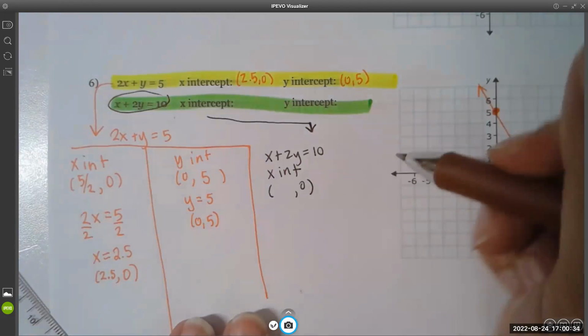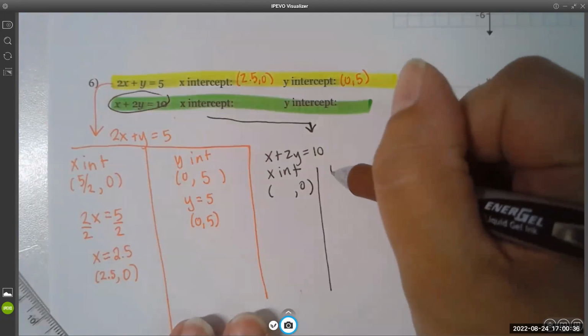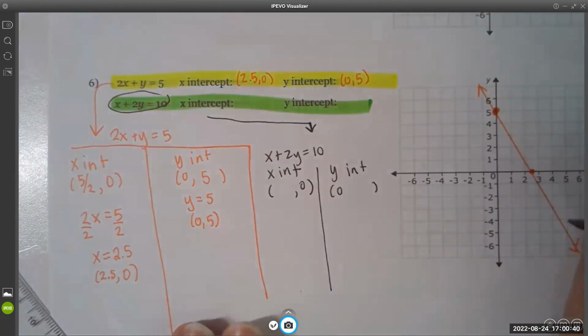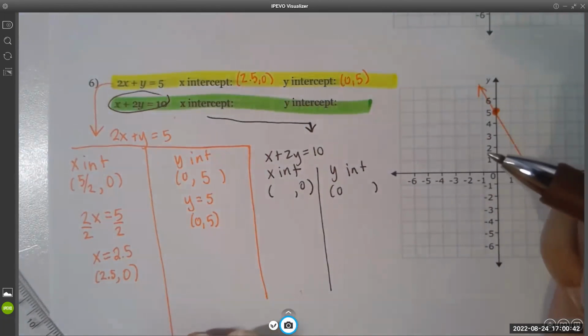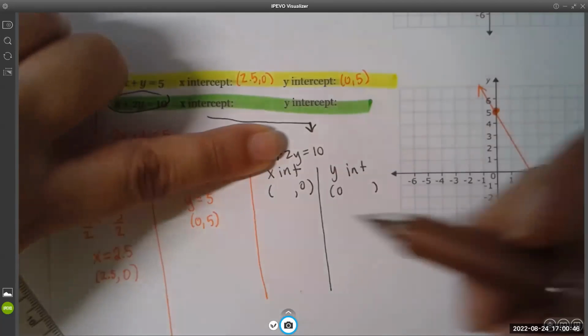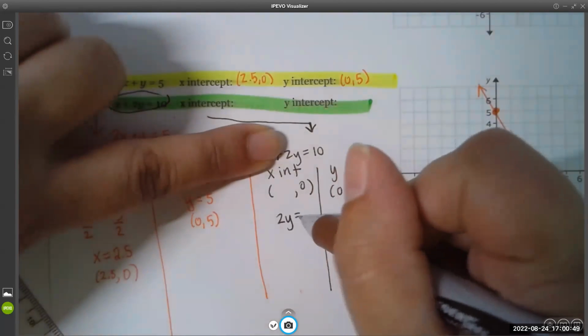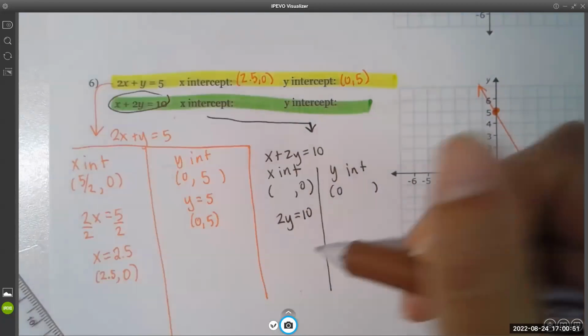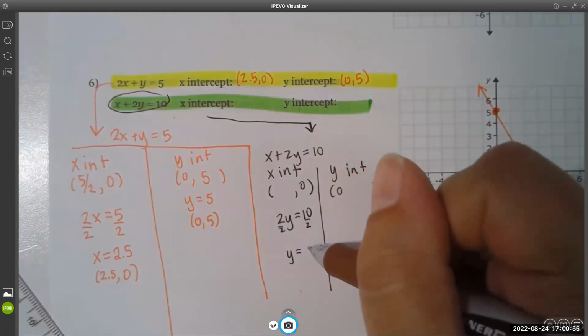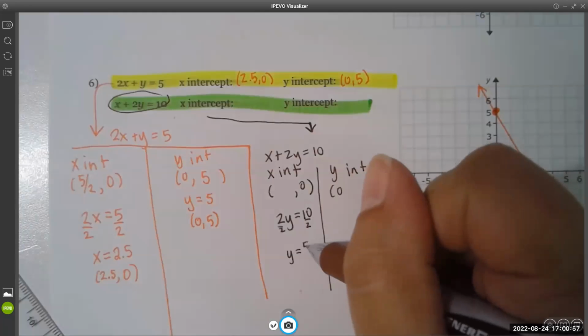I'm trying to figure out what the number for x is. And then I'm going to find the y-intercept by letting the x be 0. So when the x is 0, I can just forget this piece of the equation, and I need to solve 2y equals 10. Dividing, y equals 5.